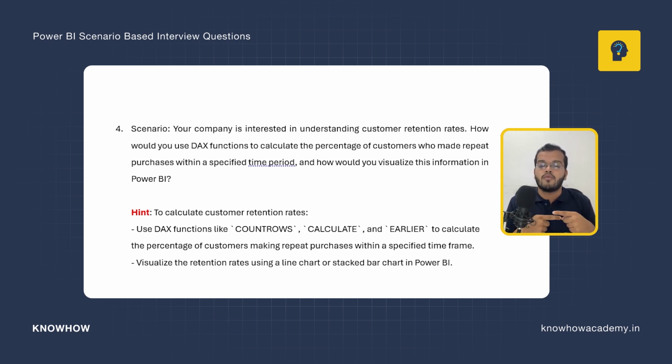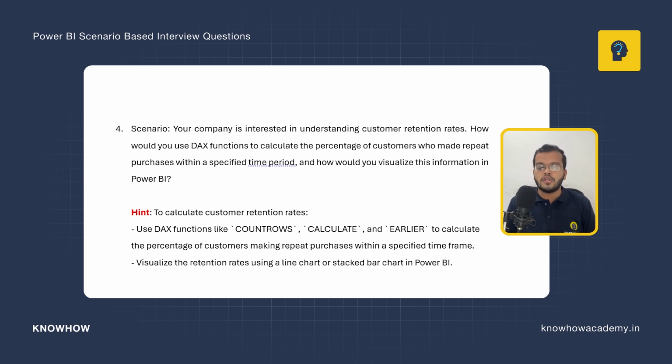So they would like to see what is the percentage of customers who made the repeated purchases within the specified time period. The interesting thing is that we did not mention any time period here. A time period can be considered from your end. Whatever time period you want, you can choose it.